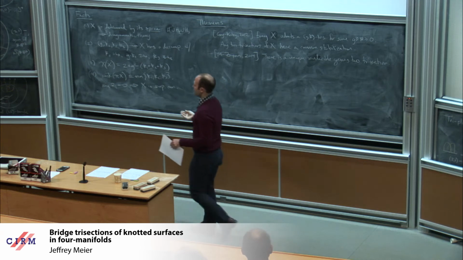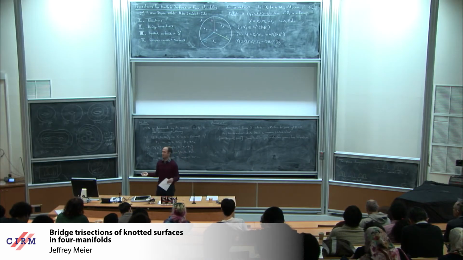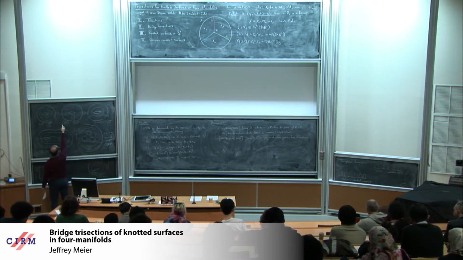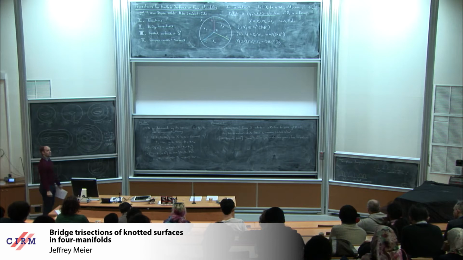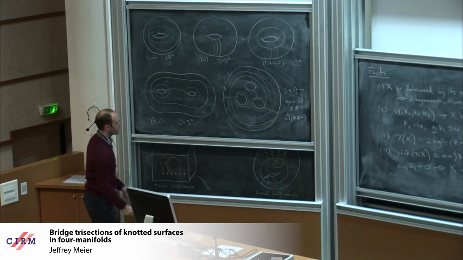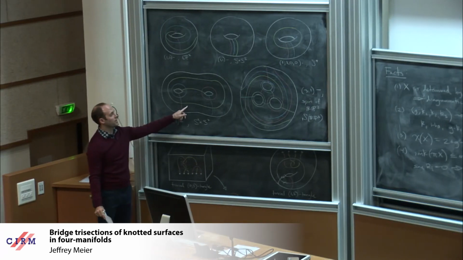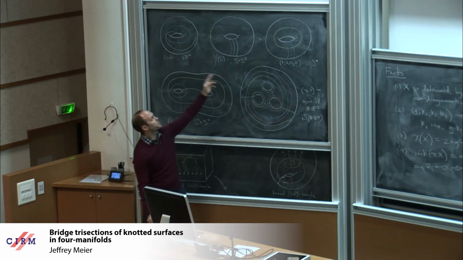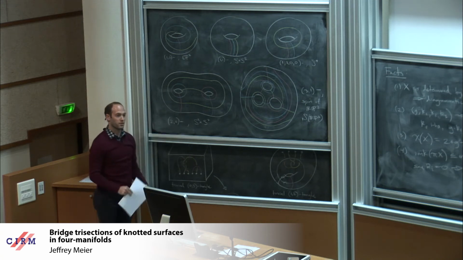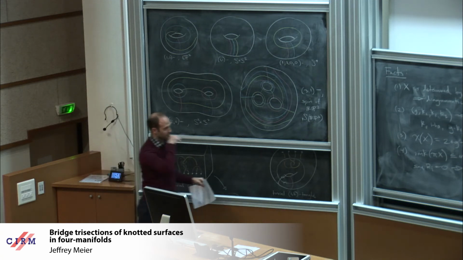Well, connected sum gives, in the obvious way, a totally well-defined operation on trisections. I could take these two genus 1 trisections and I could just tube the surfaces together in the complement of the curves, and I would have a trisection for the connected sum manifold. So it turns out this is the only trisection of genus 2 that is irreducible. Of course, you could sum these together and get some genus 2 ones, but this is the only irreducible one. It belongs to S2 cross S2.